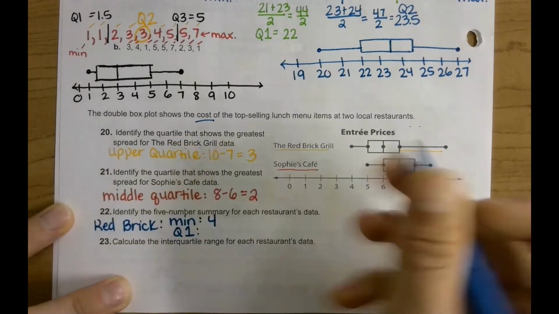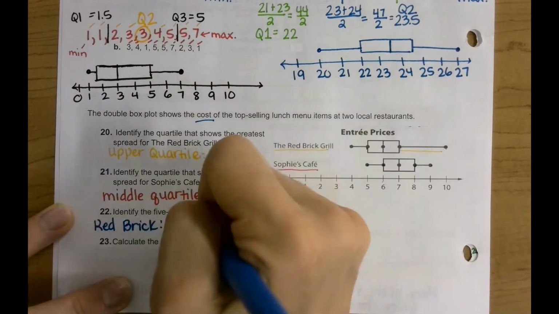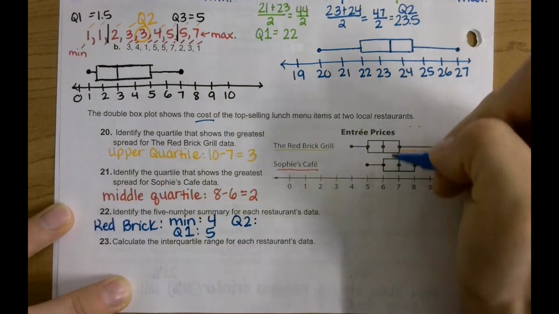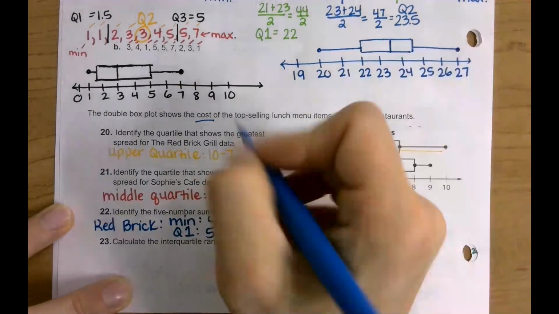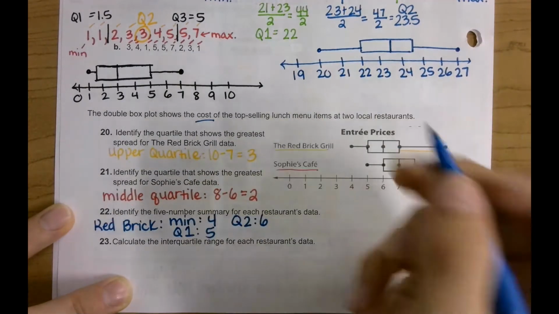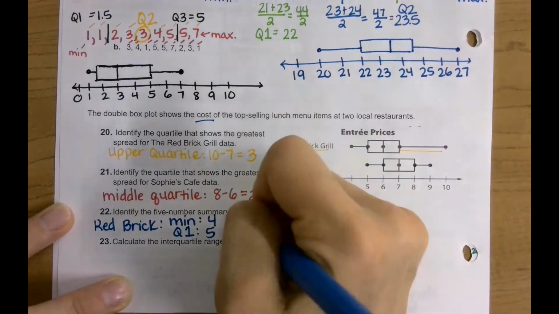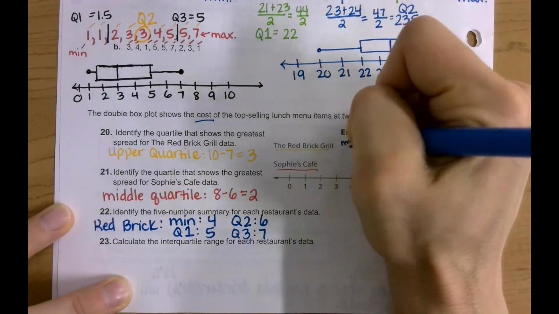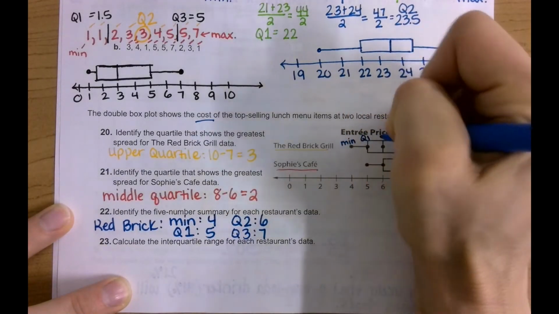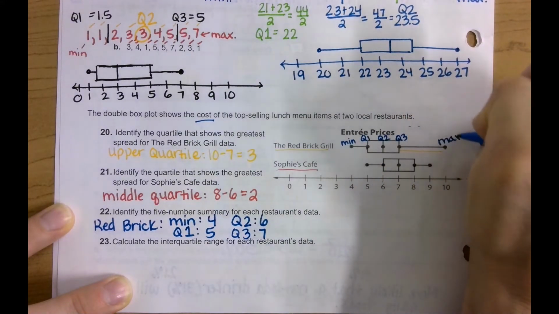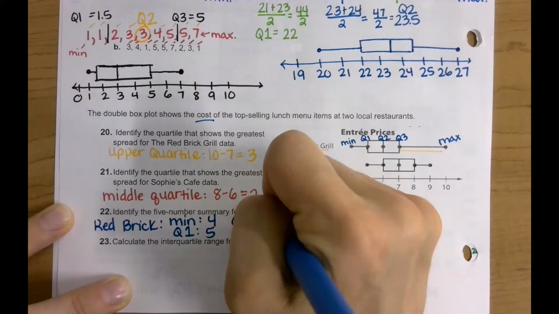Q1 would be this next point, that's at $5. Q2 is this middle point, $6. Q3 would be at 7. So here, if I label it, this is min, Q1, Q2, Q3, and max would be at 10.